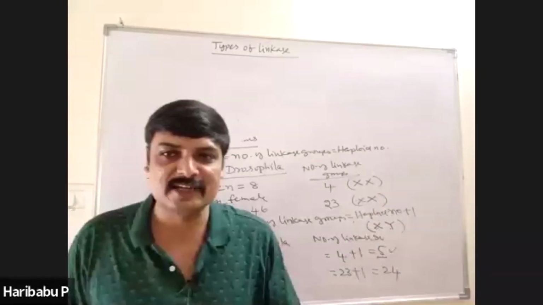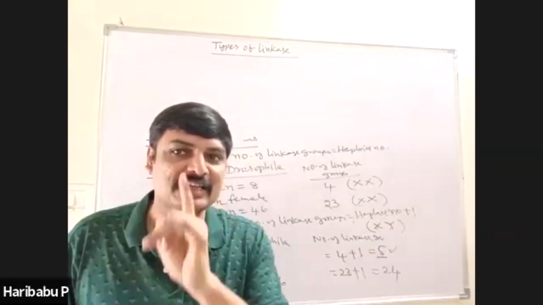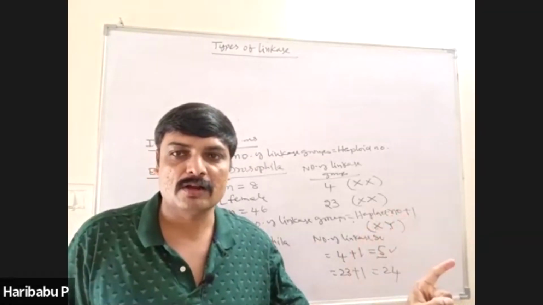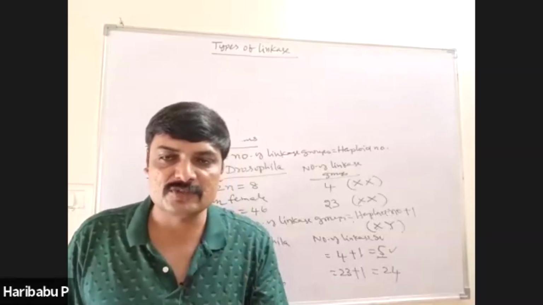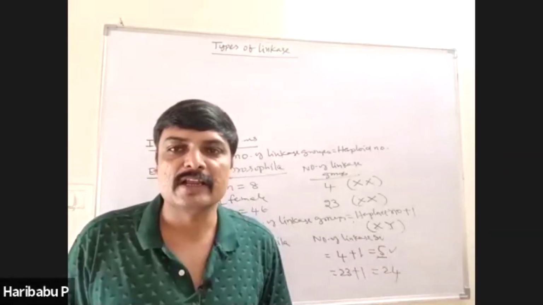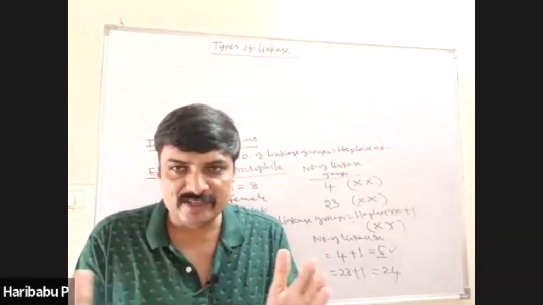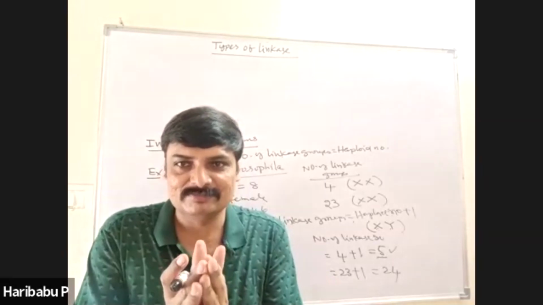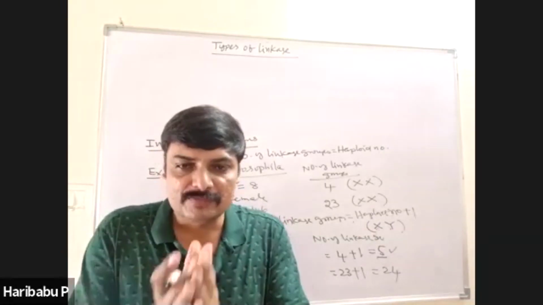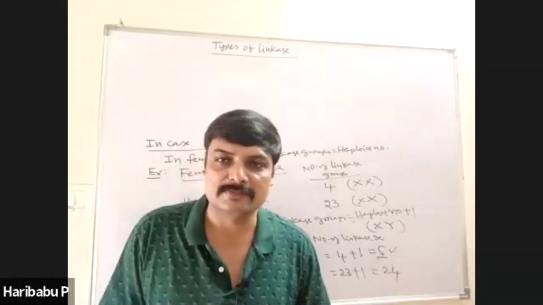The genes present on different chromosomes are called unlinked genes. On the same chromosome, if the genes are closely placed, they are tightly linked. If they are distantly placed, they are loosely linked.